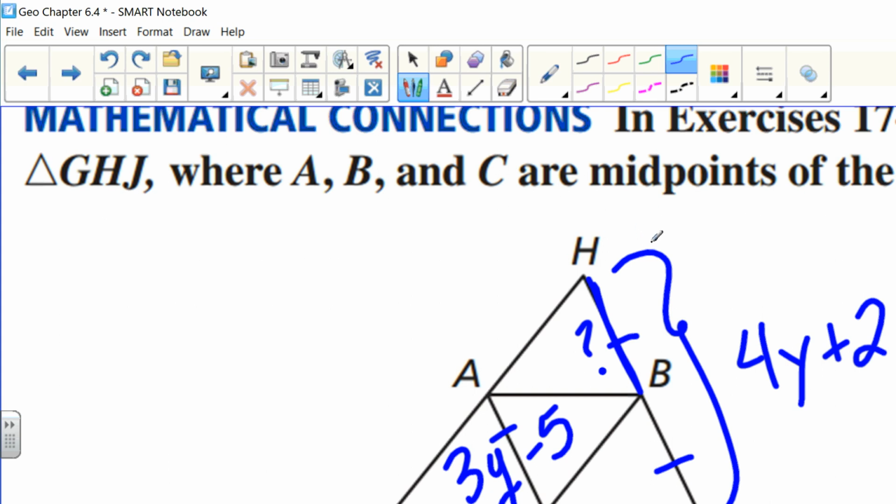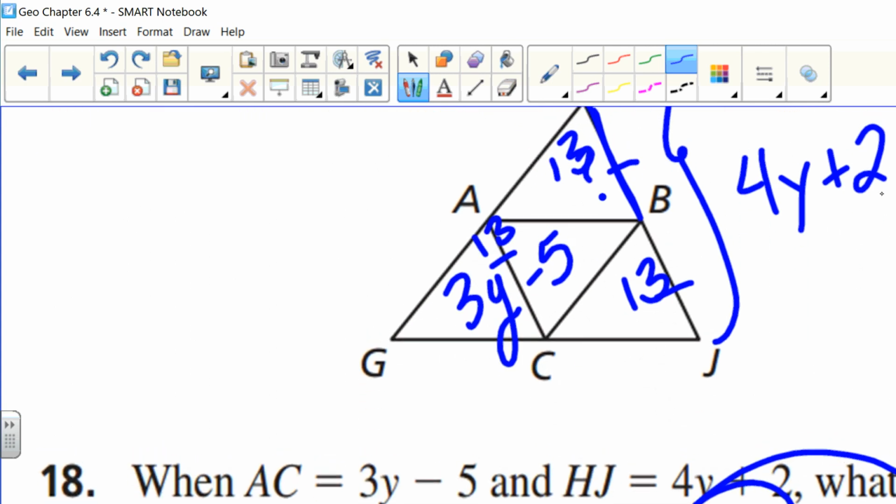So the length of AC is 13, which means that these two will also be. So HB is 13. Now if we plugged it into 2y or 4y plus 2, well 4 times 6 is 24.